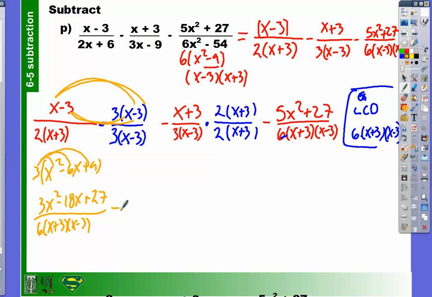Minus. So then, same thing. I multiply this out, and I will get x squared plus 6x plus 9, and then I still have to multiply that by the 2. So I get 2x squared plus 12x plus 18.